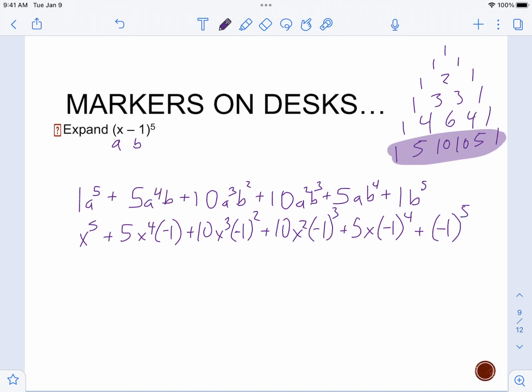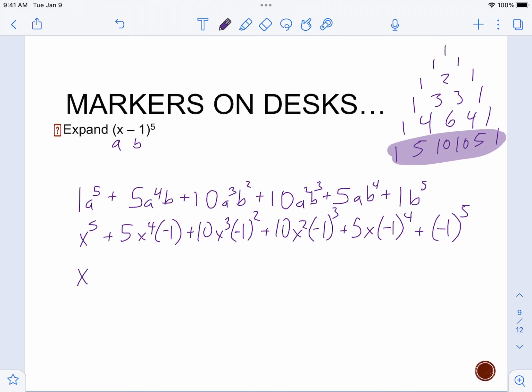At this point, I like to apply all of the exponents to the numbers. I don't really need to apply the exponents to the x's because it's already done, but I want to square this -1 and cube this -1 so I can get rid of some of these unnecessary exponents.